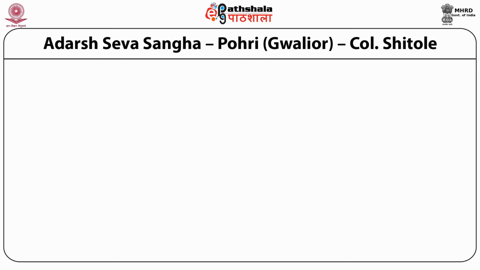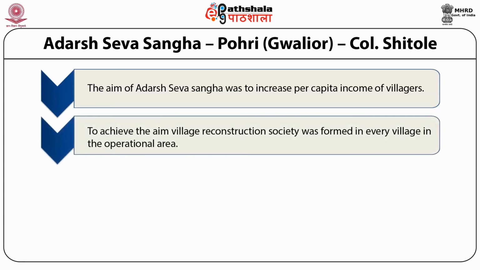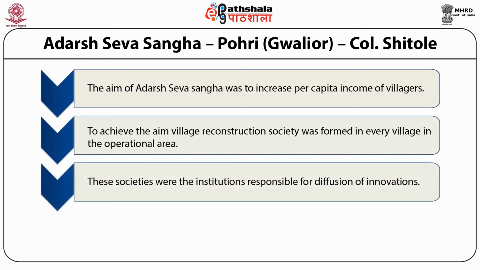Adarsh Seva Sangh. Adarsh Seva Sangh was established by Colonel Shitole in the village known as Pohri near Gwalior. The aim of Adarsh Seva Sangh was to increase the per capita income of villagers. To achieve the aim, a Village Reconstruction Society was formed in every village in the operational area. These societies were the institutions responsible for diffusion of innovations.